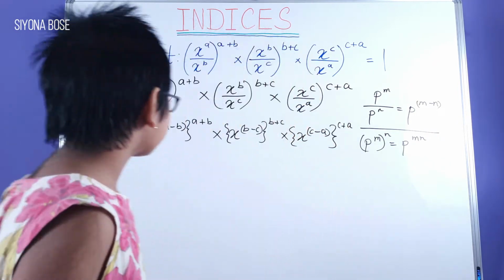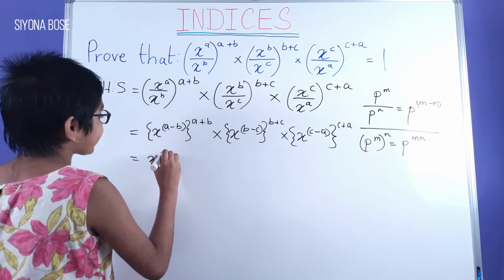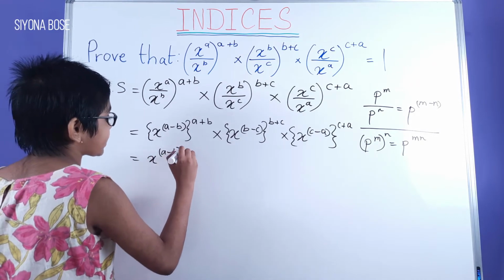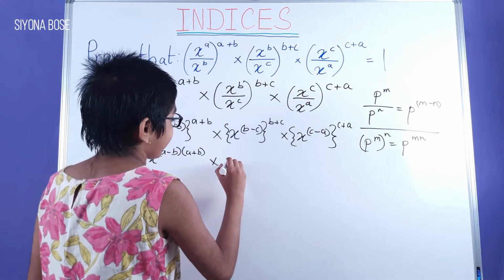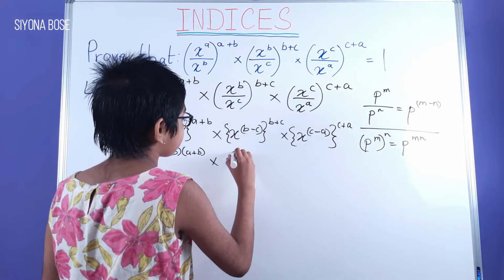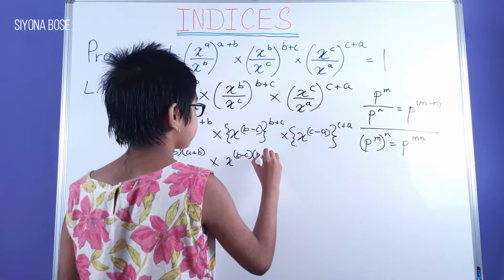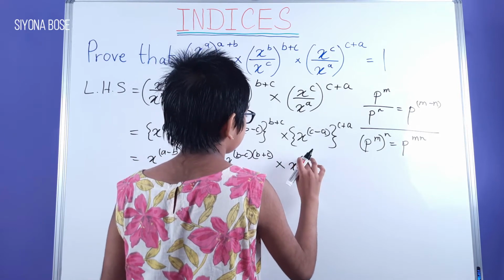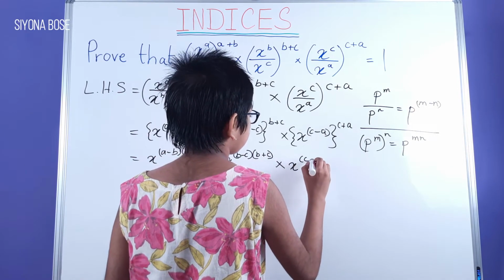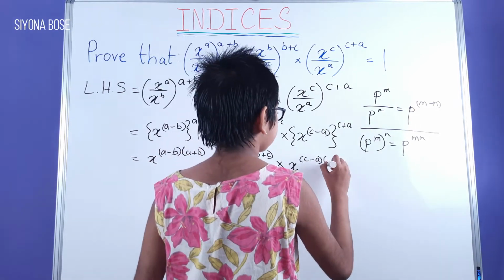Then we have x to the power of (a-b)(a+b) into x to the power of (b-c)(b+c) into x to the power of (c-a)(c+a).